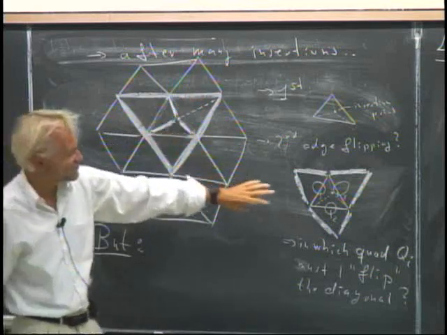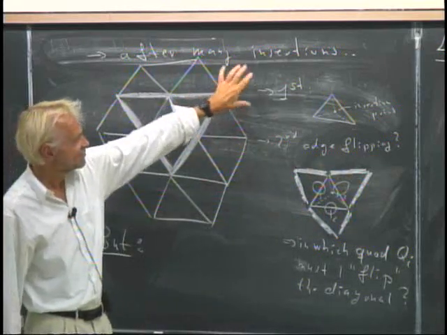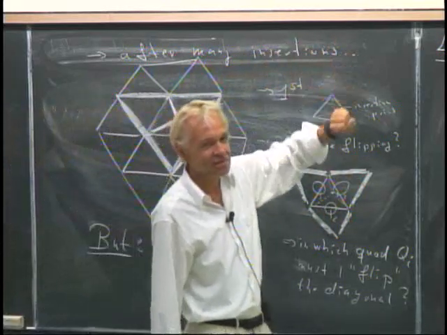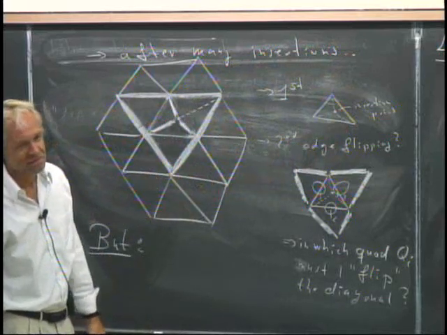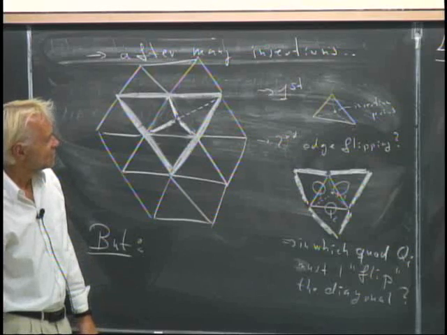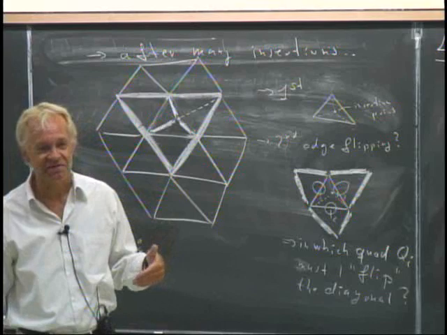When I do these flips in these quadrilaterals in this local region, then what will happen? It can potentially have a global effect on edge flipping.